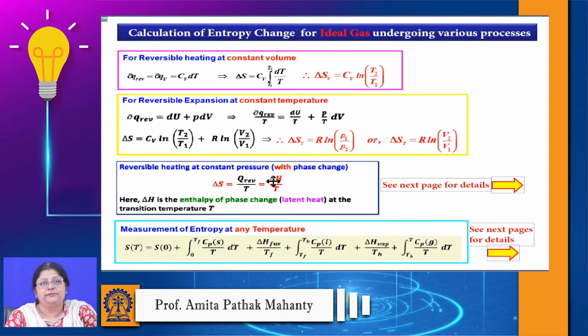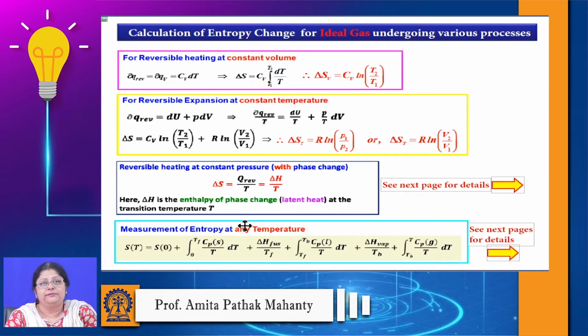So the enthalpy change replaces dq reversible, and you get delta S equal to the enthalpy change of that process, whatever phase change we are talking about, divided by the temperature of transition.